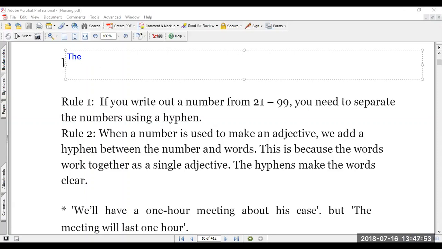I would write something like this: the patient presented with a 3-day history of mild abdominal pain.